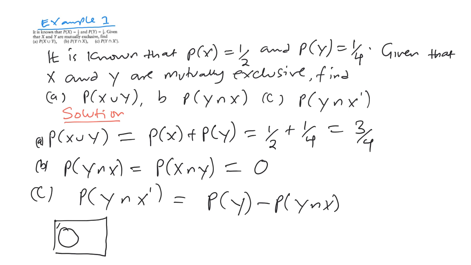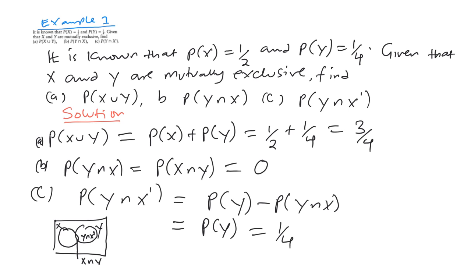If this is X and this is Y, and they are intersecting, then this part is Y intersection X complement, and this part is X intersecting Y. Now, mutually exclusive events are not intersecting. Therefore, if you are looking at the probability of Y and take out the intersection to have Y only, the intersection is 0, and therefore for mutually exclusive events this is the same as the probability of Y. And this is going to be a quarter. You are done. So this is a very simple question I've chosen for you.